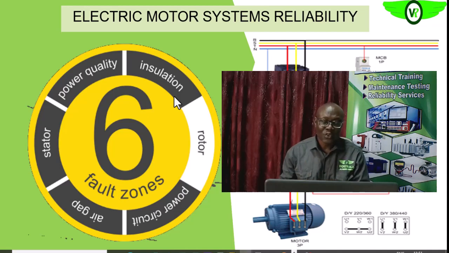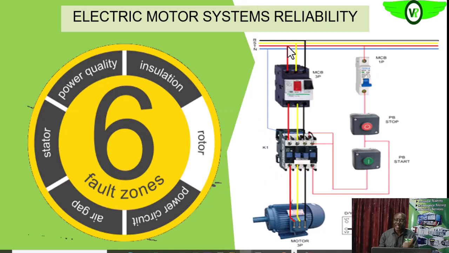So we are going to look at the power quality, that is the quality of the electric power that is delivered to this bus, either from the utility in your facility, or external utility. So we are going to look at that.